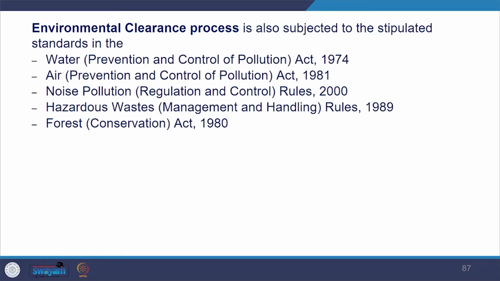So that was made clear, and then the environmental clearance process was made clear. Related standards were also created, like the Water Prevention and Control Act, the Air Prevention and Control Act, and the Noise Pollution Control Rules. You will also find hazardous waste management and handling rules. So all these were created. That was the statutory aspect of the EIA.